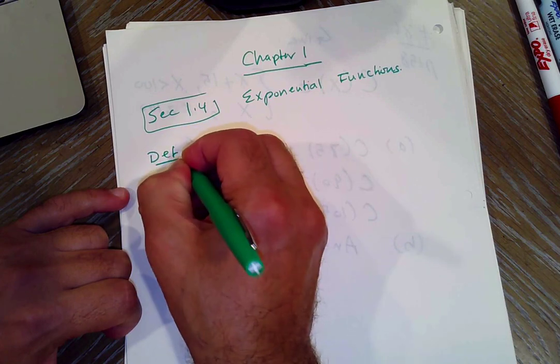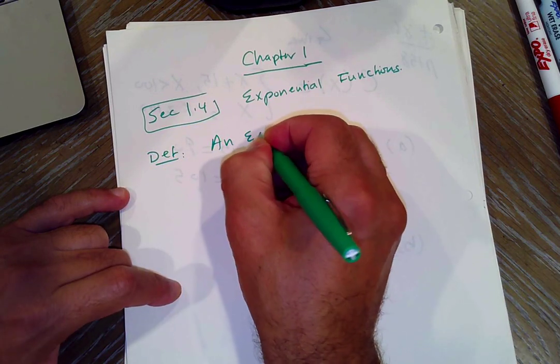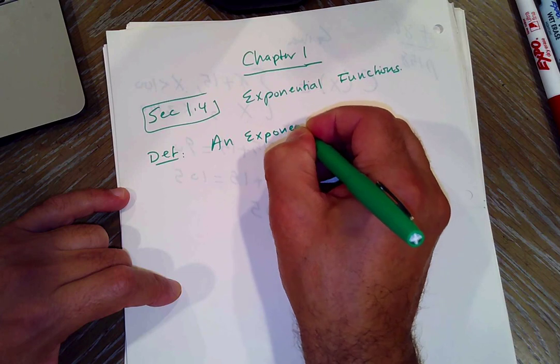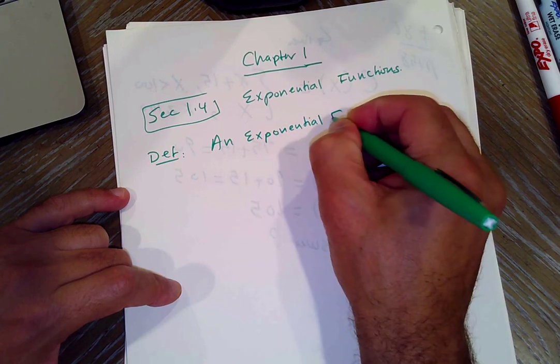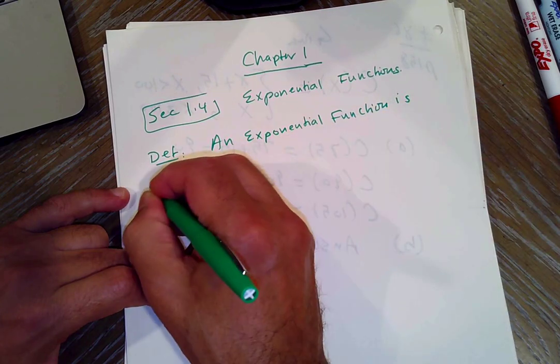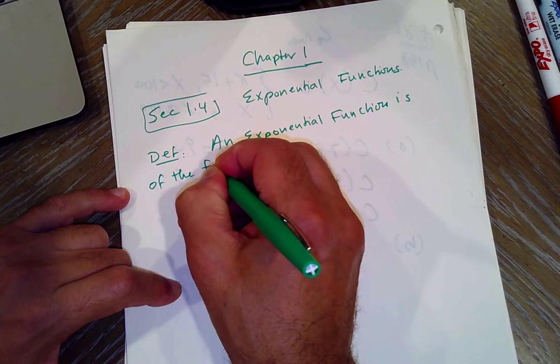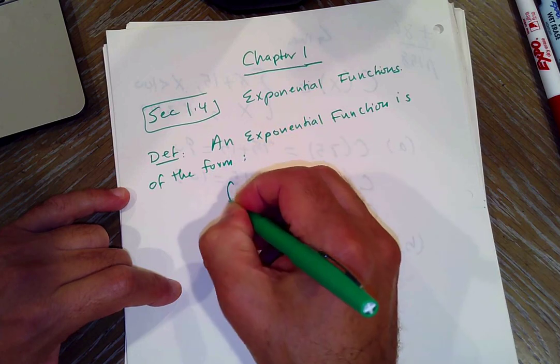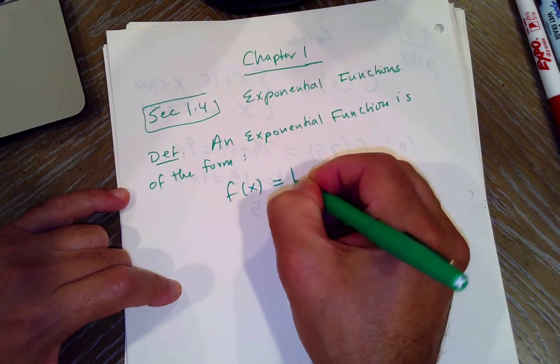So definition: an exponential function is of the form f of x equals b to the x.